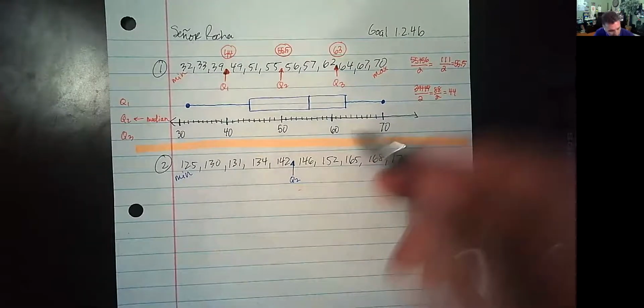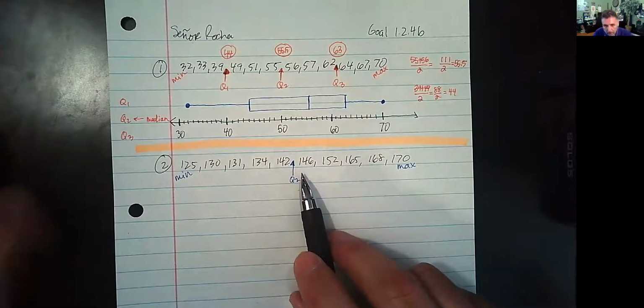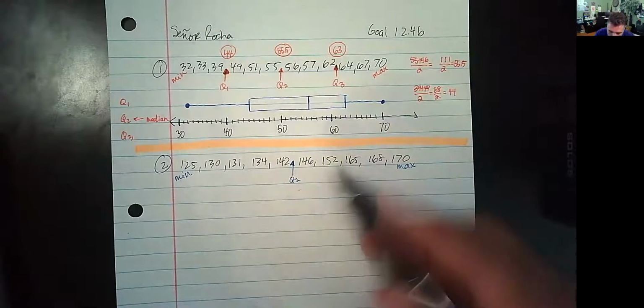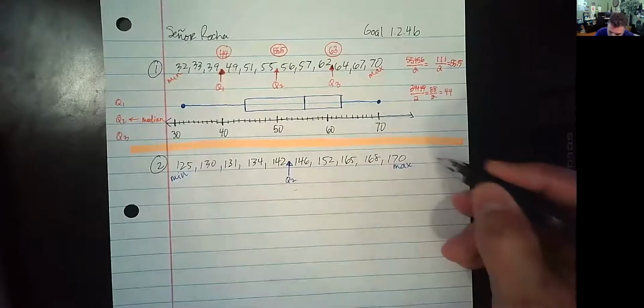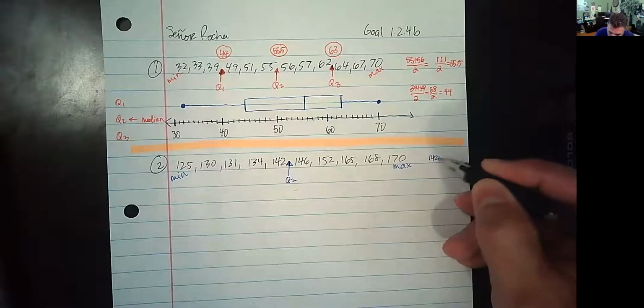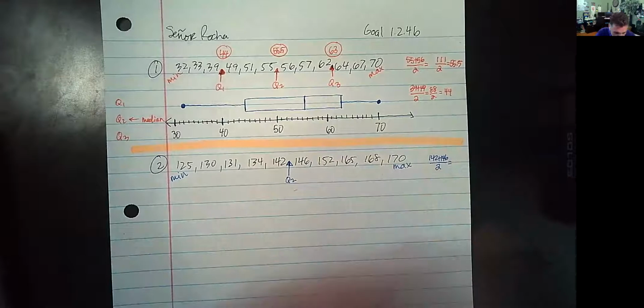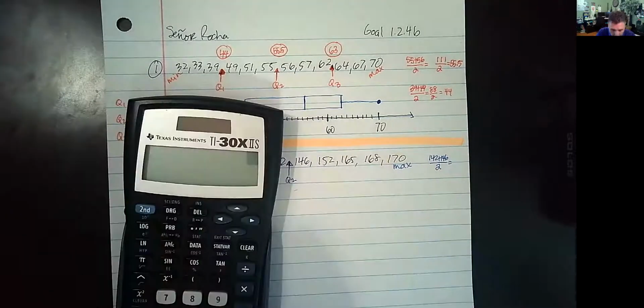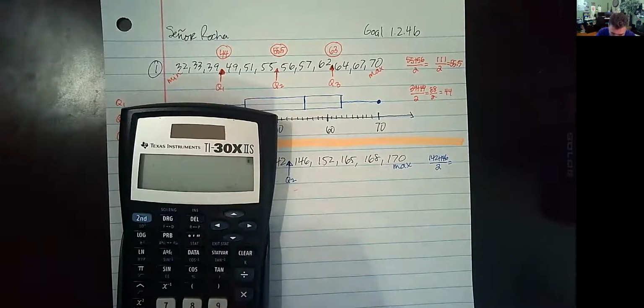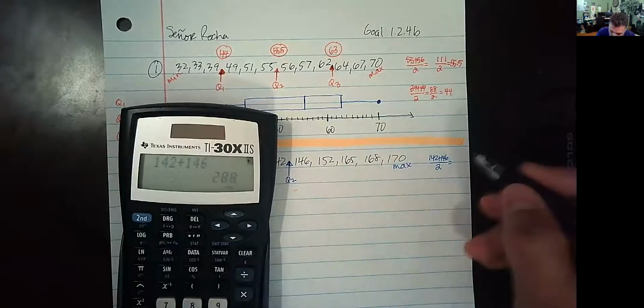Some of you might be able to see that and be like, oh, I know what that number is. If you can't see that, we have to add 142 and 146 and then divide by 2. And again, we can use a calculator. It's not that big a deal. 142 plus 146, we get 288.